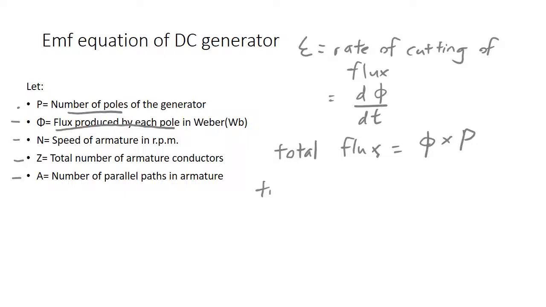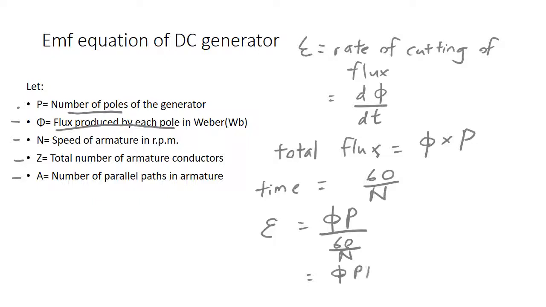So the time taken in seconds will be 60 over N. Now when we put that together, we get the EMF is the total flux, which is phi times P, over the time, which is 60 over N, and we get phi P N over 60.